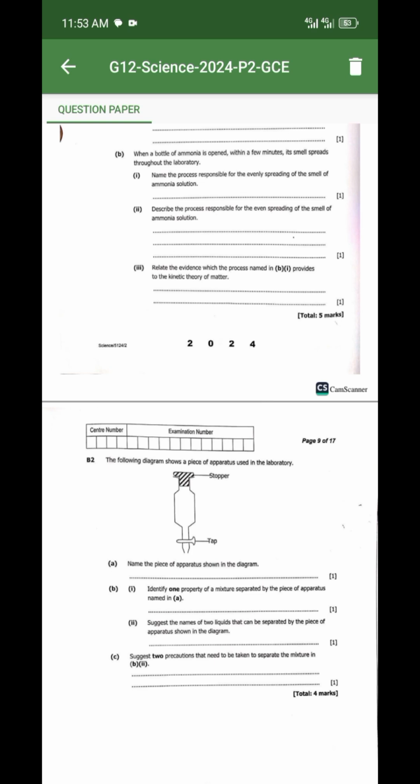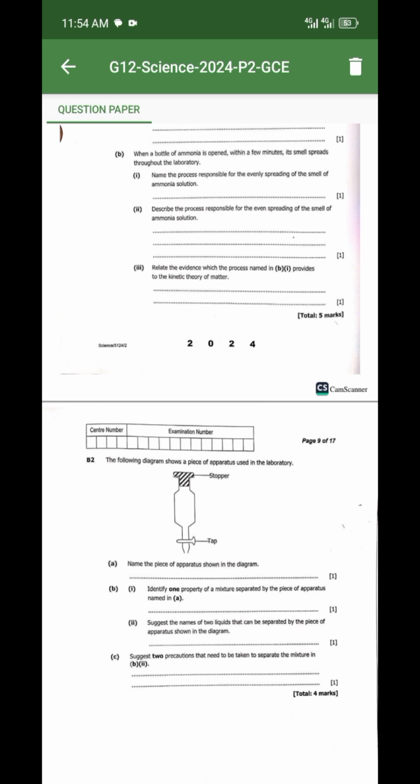For example, when you mix oil and water, you are going to see different layers, the water showing its own layer and the oil showing its own layer. That is what we refer to as immiscible liquids. So the property is that the mixture must be immiscible. That is the number one property for substances to be separated using a separating funnel.